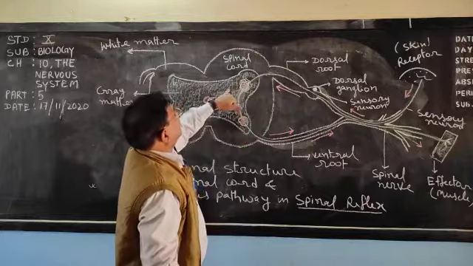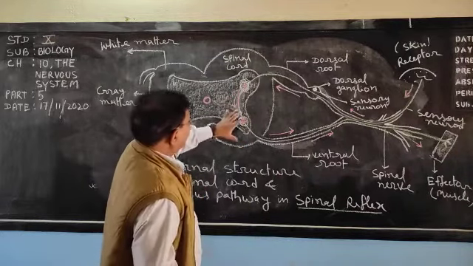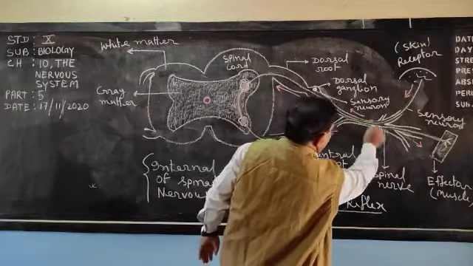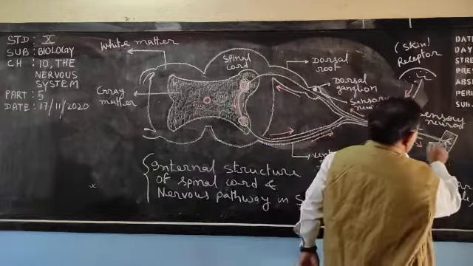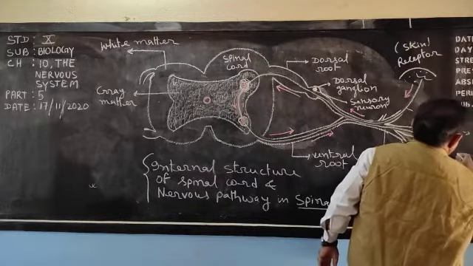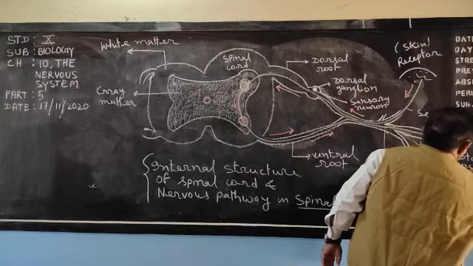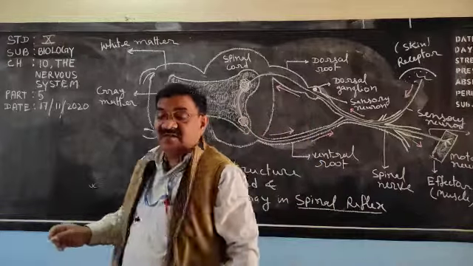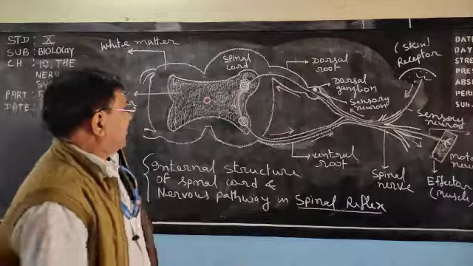And here these 2 connect, and this green color shows the motor nerve, or motor neuron. Very clear. And the connecting link between these 2 is the association neuron.